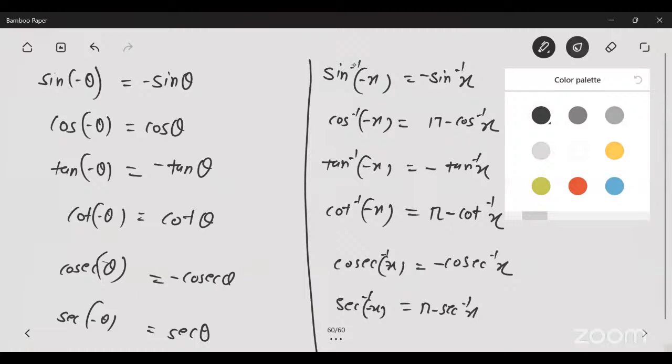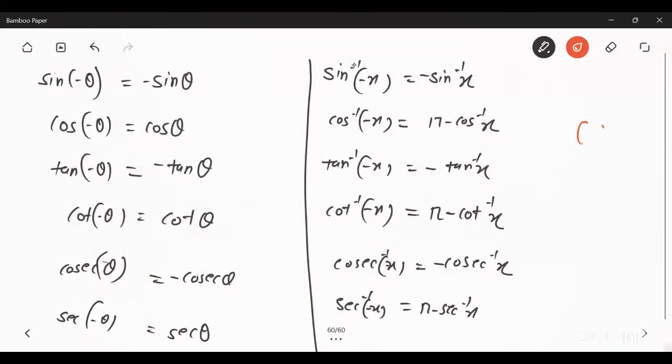Always remember the CCS formula. CCS: C for cos, C for cot, and S for sec. They show different behavior than the other trigonometric functions.